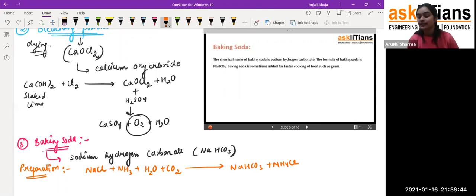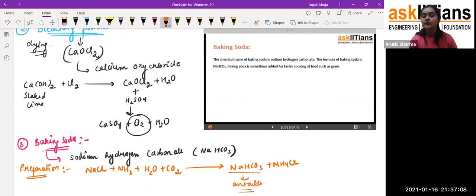And students, now this baking soda can also be used as baking powder. Okay, they both are the same thing. So this sodium bicarbonate or sodium hydrogen carbonate also has some very important uses in our daily life. Why? Because this sodium bicarbonate is used to prepare antacids.